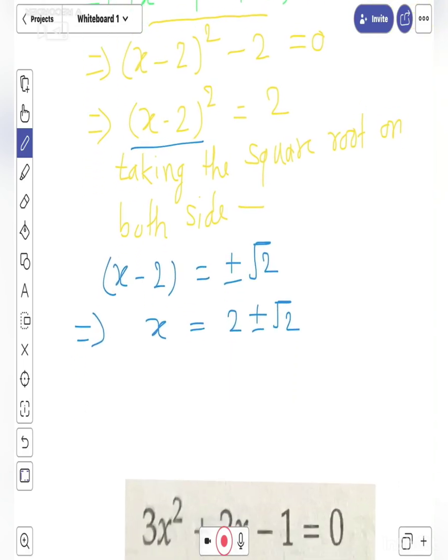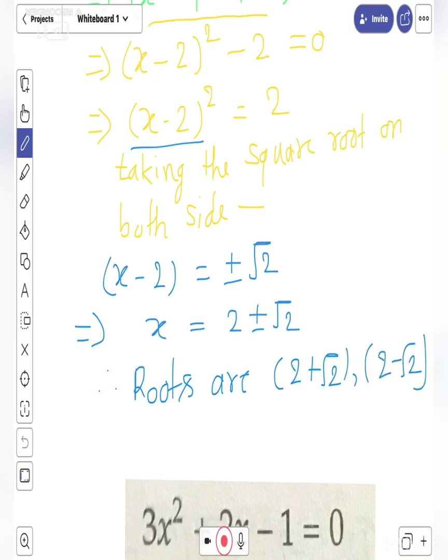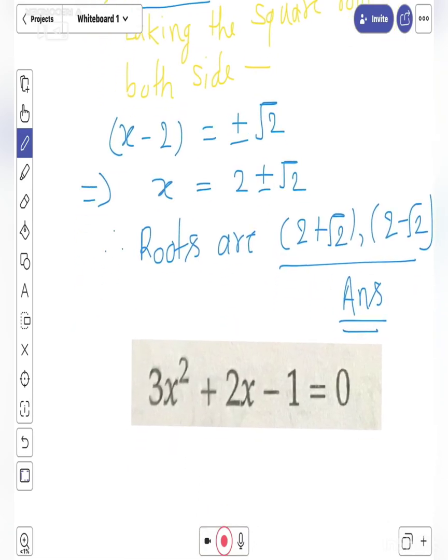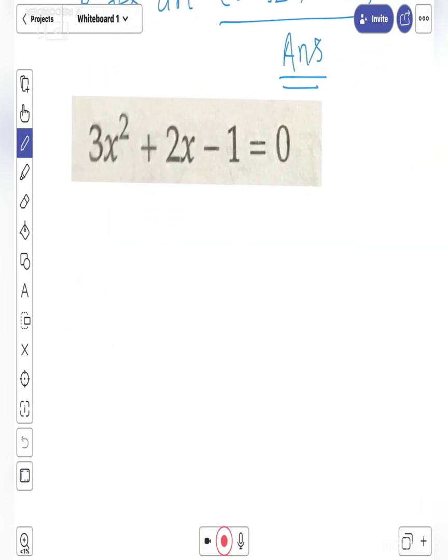One time you will take the positive sign and another time the negative sign. So the roots of x are 2 plus under root 2 by taking the positive sign and 2 minus root 2 by taking the negative sign. So this is the final answer of this question.